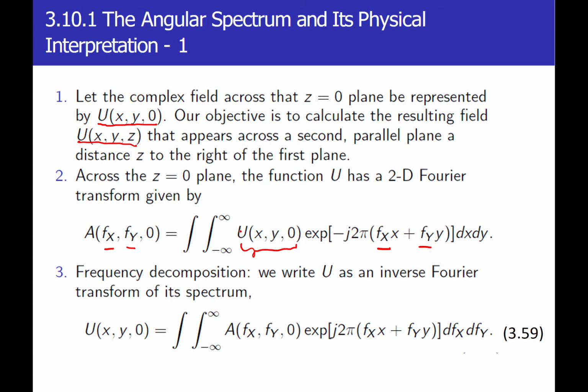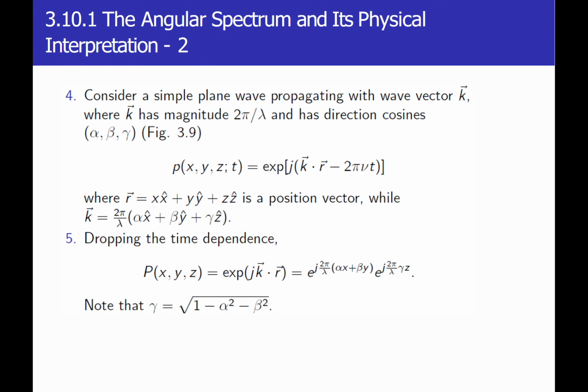And then what we are going to talk about later on is that we are going to have this Fourier transformation, and then we are going to have an inverse transformation. So A is given in terms of a Fourier transformation, then U is given by the inverse transformation of this A.